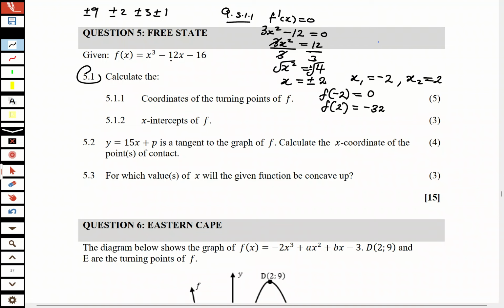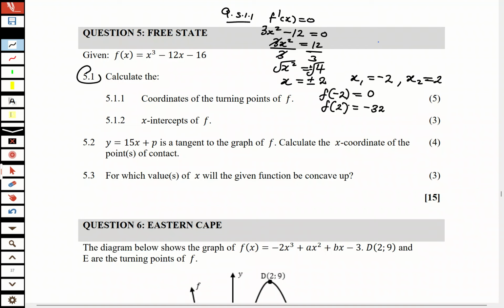Whenever you place them here and find that your function is just 0, that becomes your factor. It means that at x is equal to 2, that's your factor then, ne? x plus 2 is your factor, so that when you solve it, you'll have negative 2.